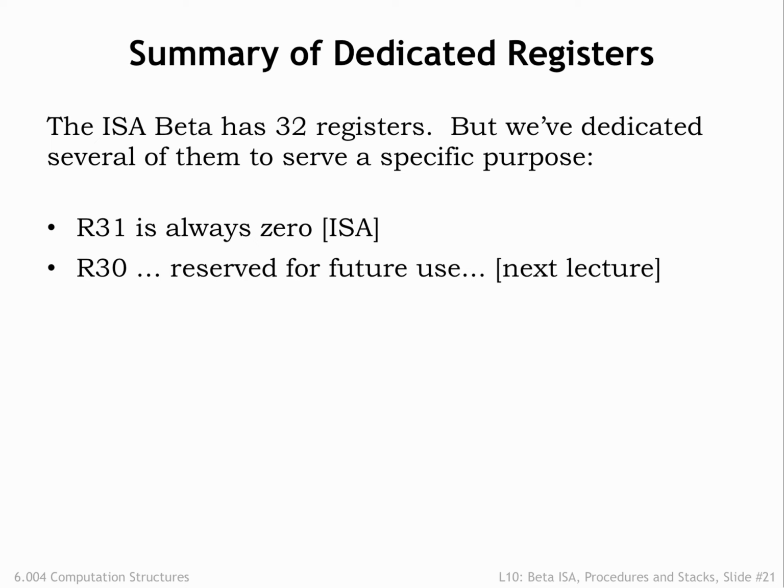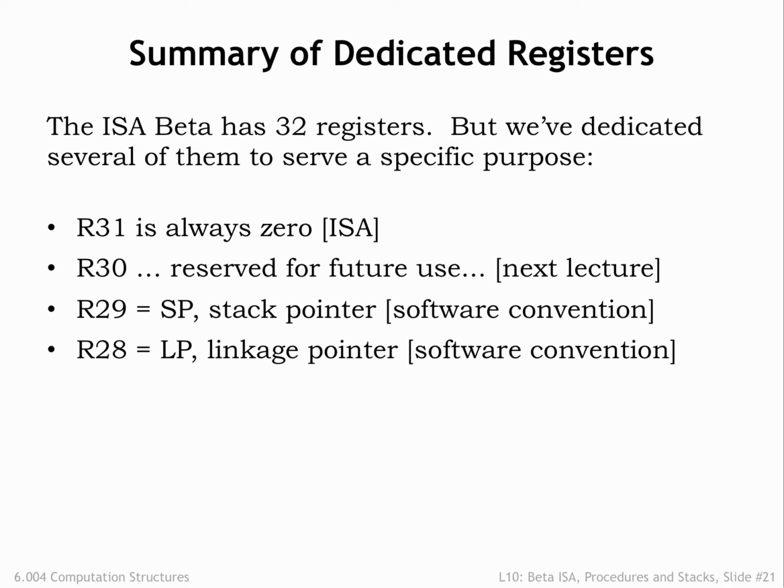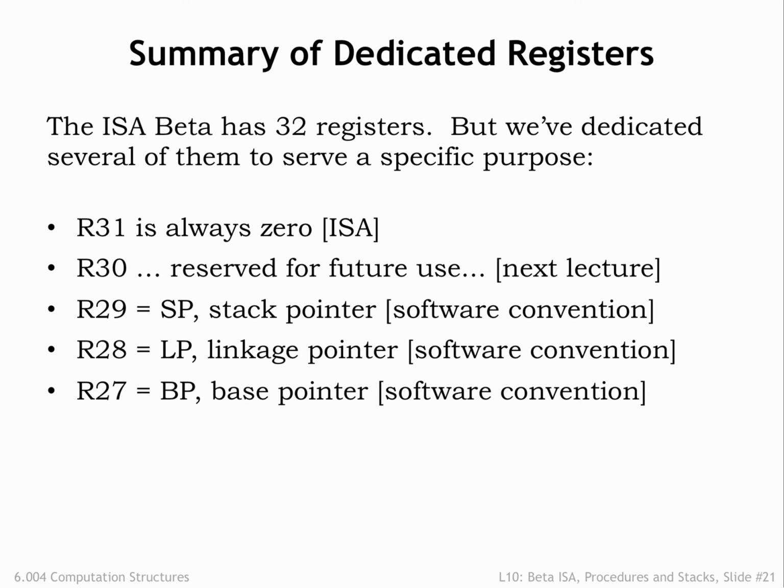The remaining dedicated registers are connected with our software conventions. R29, SP, is used as the stack pointer. R28, LP, is used as the linkage pointer, and R27, BP, is used as the base pointer. As you practice reading and writing code, you'll grow familiar with these dedicated registers.